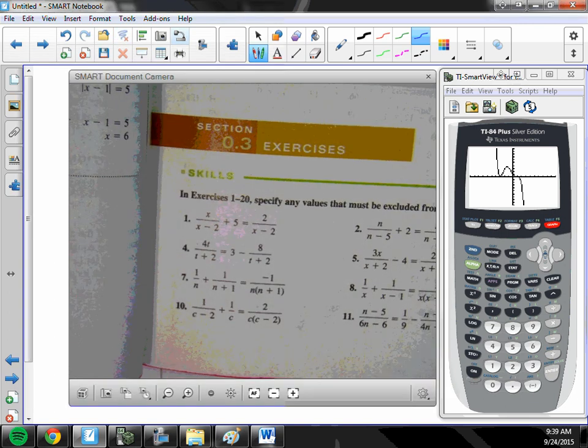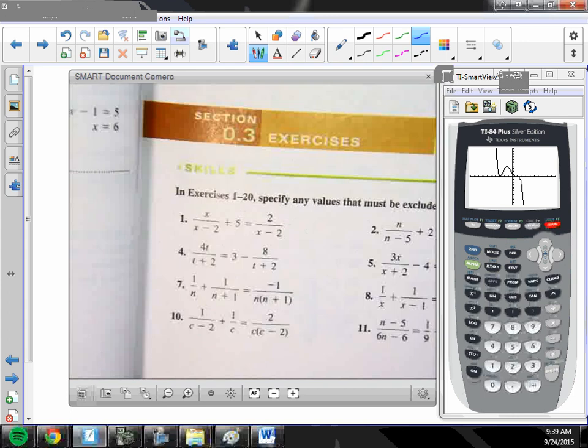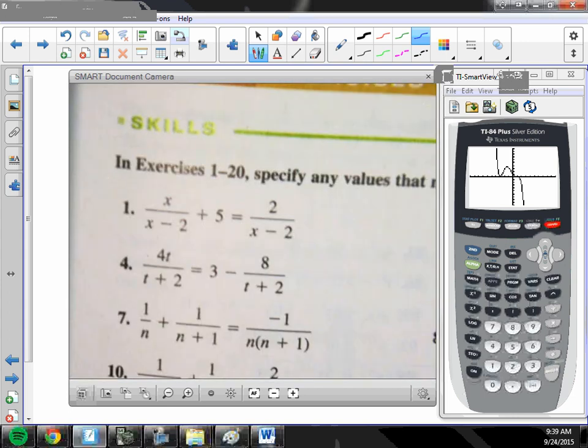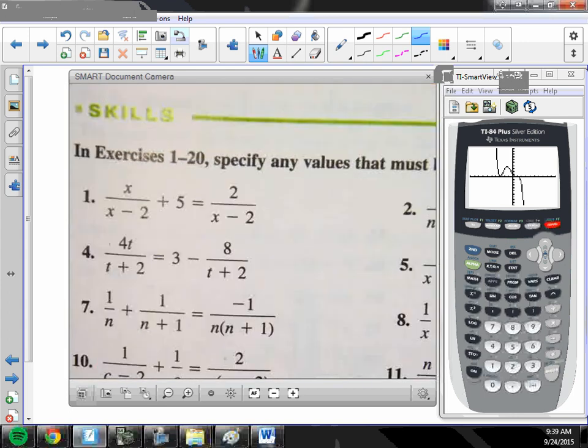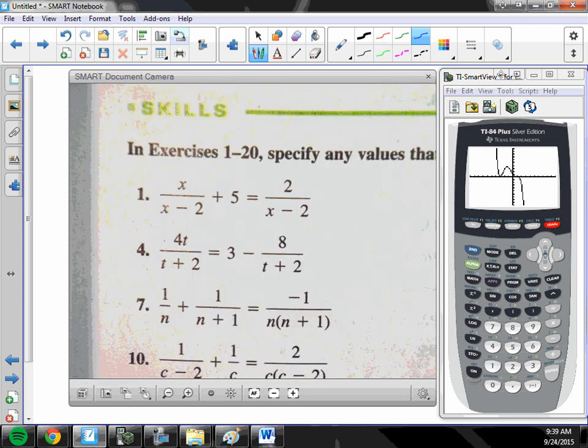So, take a look at page 43. We're going to be dealing with common denominators here. But first, it says, specify any values from the solution set that must be excluded from the solution set and then solve the rational equation.